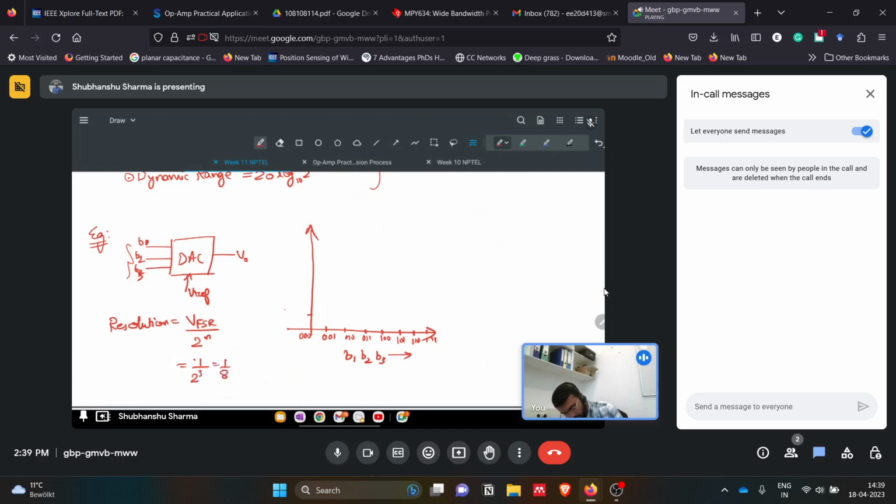So the quantization levels will be at 1 by 8 steps to each other. This is one quantization level. Another one is 2 by 8, then 3 by 8, 4 by 8, 5 by 8, 6 by 8, and 7 by 8. Okay.